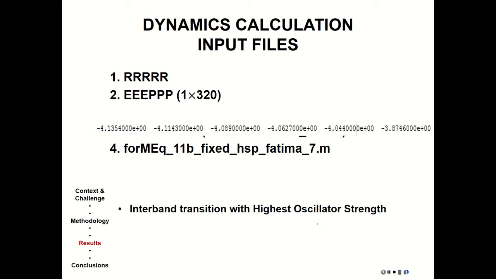So for dynamics calculations, we should have these 2 files and this MATLAB code.